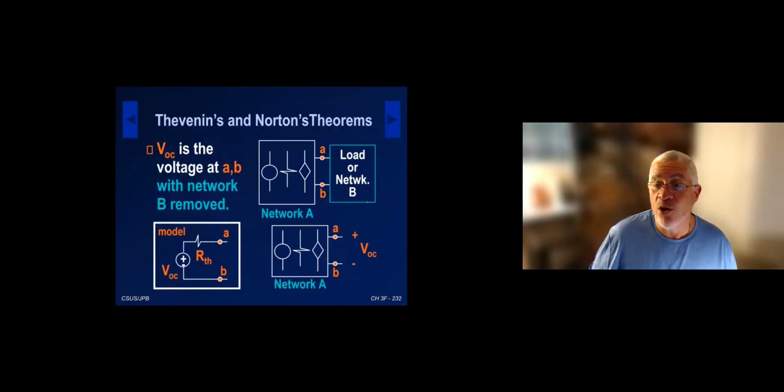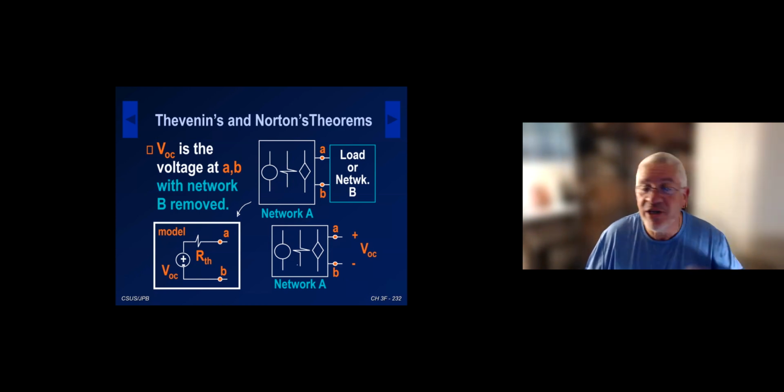So again, this is the original circuit we have, that complicated circuit we call network A. And we want to model it given this simple practical voltage source model that we call the Thevenin model. All right.